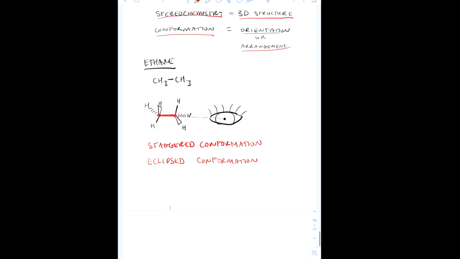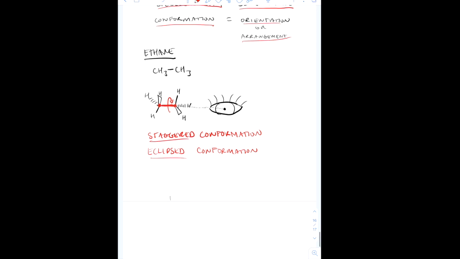And so what we can do is rotate about this sigma bond, and that puts those hydrogens in different positions that are either going to be staggered or eclipsed.